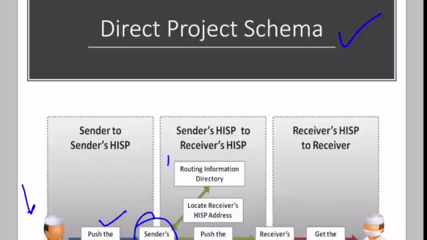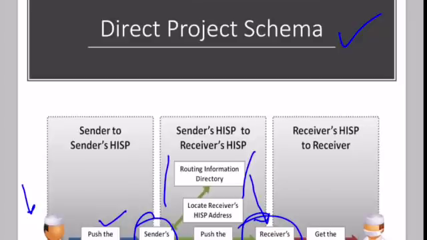Then they will look at whether the receiving person is in their directory, and look at the other protocols they have. After that, it will be sent to the receiving party, and the message will be delivered.